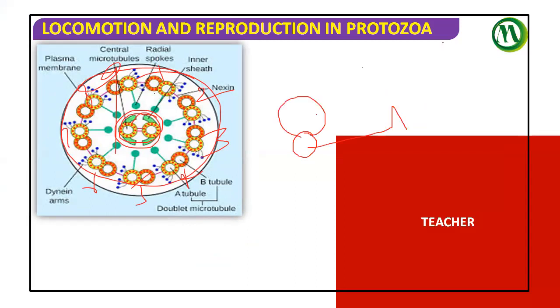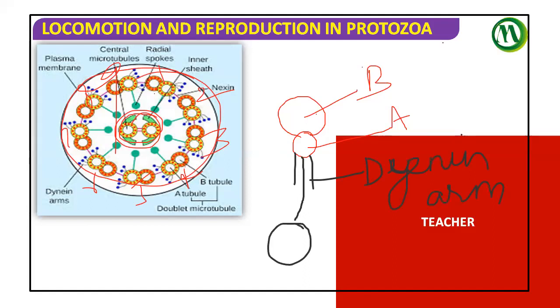The A microtubule has dynein arms. We'll even draw that, but you see here. And in between, connecting with the other microtubule, there are nexins present here. So this is A, this is B, and this is the nexin.